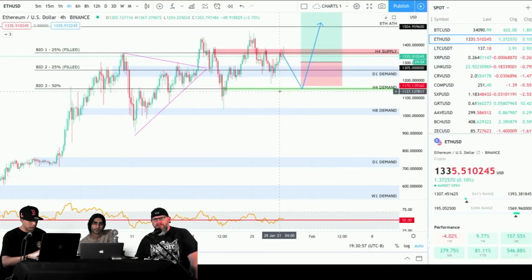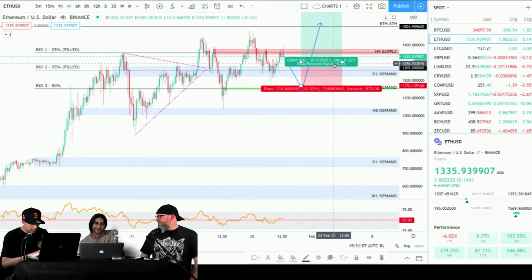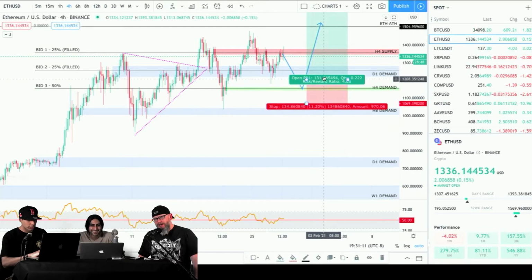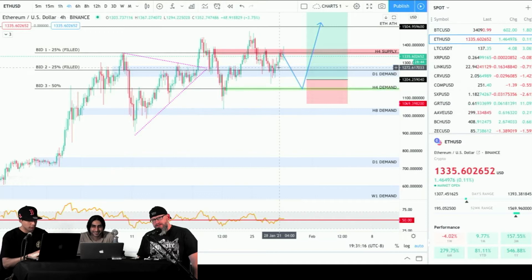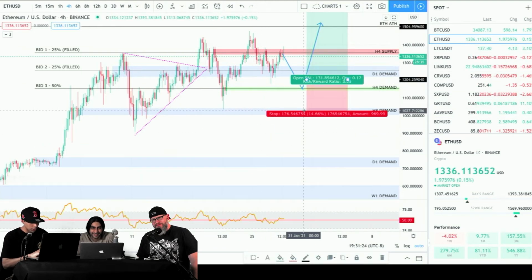Now, what I want to do is buy 50% more of my accessible position here at this green zone. So what that's going to do is give us an averaged entry right around this zone here, right? If we get filled for 50% here, and we got filled 25% here, we're going to be averaged out right around here.